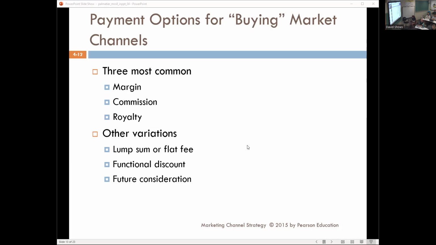You might have a lump sum or a flat fee. And it's exactly what it says, okay? Lump sum or flat fee is a single price, regardless of effort. I should say cost, excuse me, because in the strictest term, it's a single cost.